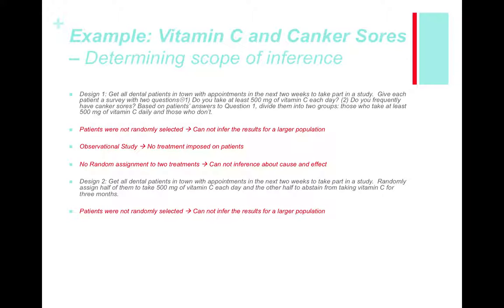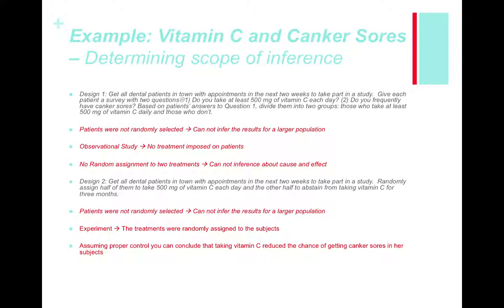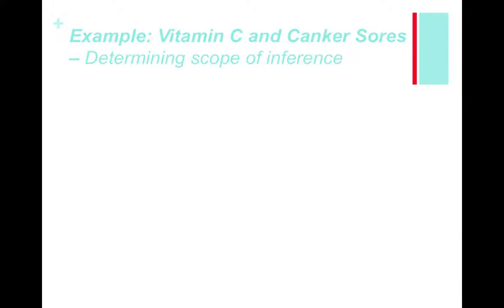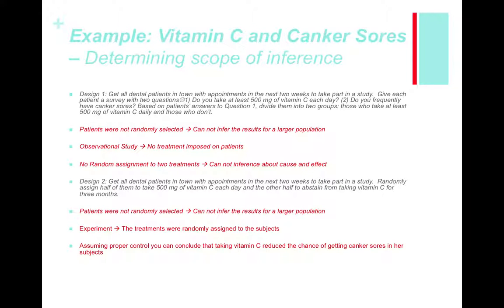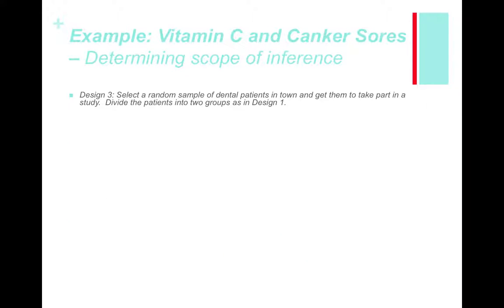However, the treatments were randomly assigned to the subjects, which means it's an experiment. So, assuming proper control, we can conclude that taking vitamin C reduced the chance of getting canker sores in her subjects.